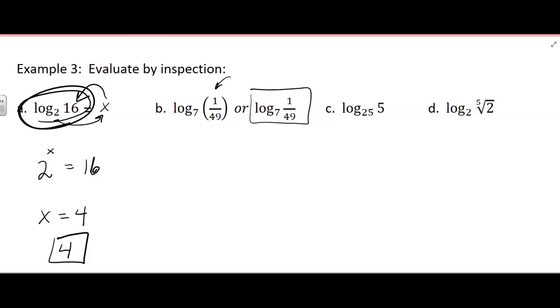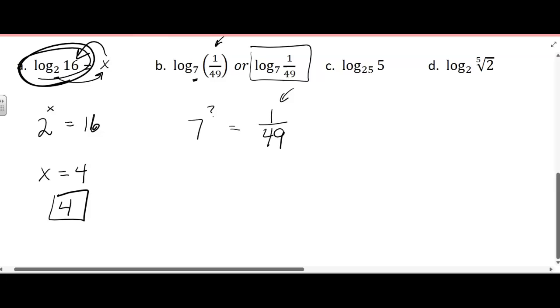Okay? All right, so we're saying, hey, 7 to some power, you can put a question mark if you don't want to make it an equation, is going to equal 1 over 49. Now, you know the relationship between 7 and 49, right? 7 squared is 49, so hopefully that's not a big surprise. But how do you get it to be 1 over 49? Well, you have to have a negative exponent, right, to get it in the denominator.